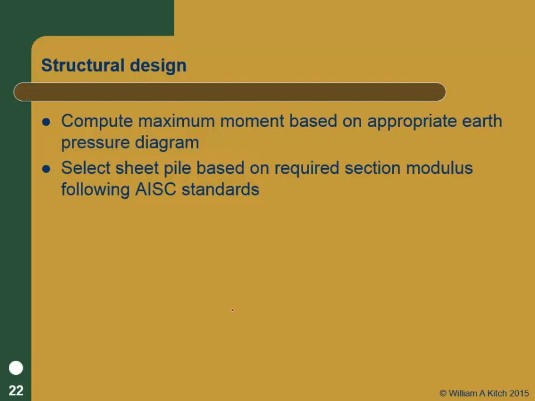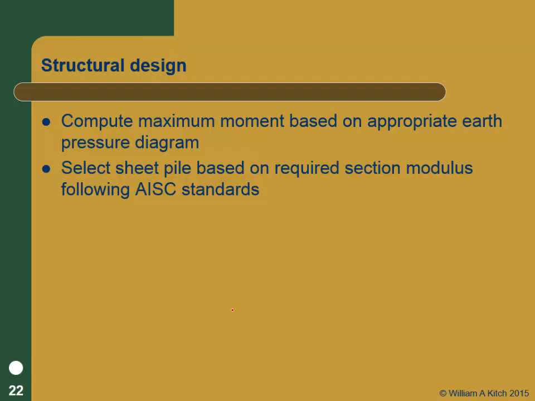A lot of times these designs are done with allowable stress design, which is still a legal way to do steel design. I think people do it that way because it's really simple, and you've already done all the earth pressure calculations with unfactored loads. If you've got other loads, make sure you have those in there, and then you just do your ASD design for your sheet pile wall.